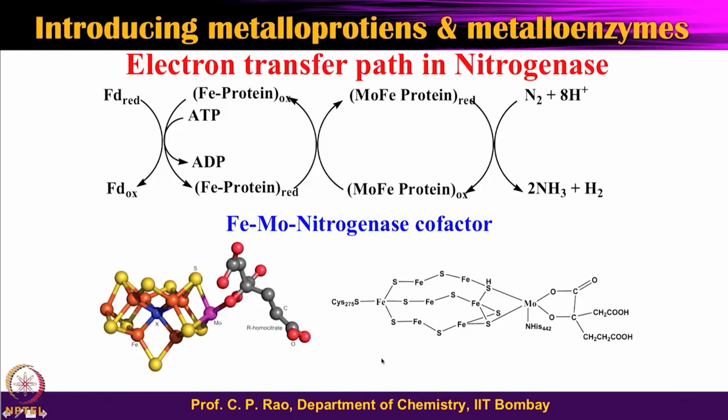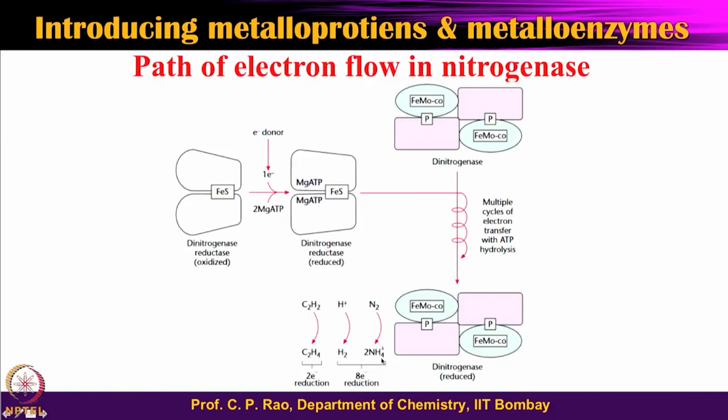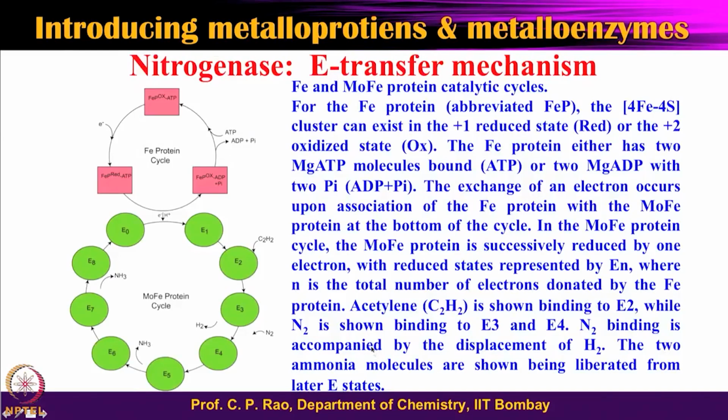So, that means the electrons are added one by one. Let us see how that can be understood. That is what I am referring to as the electron transfer mechanism. The hydrolysis will pump the electron into this chain, the chain of the molybdenum iron protein, the iron molybdenum cofactor.